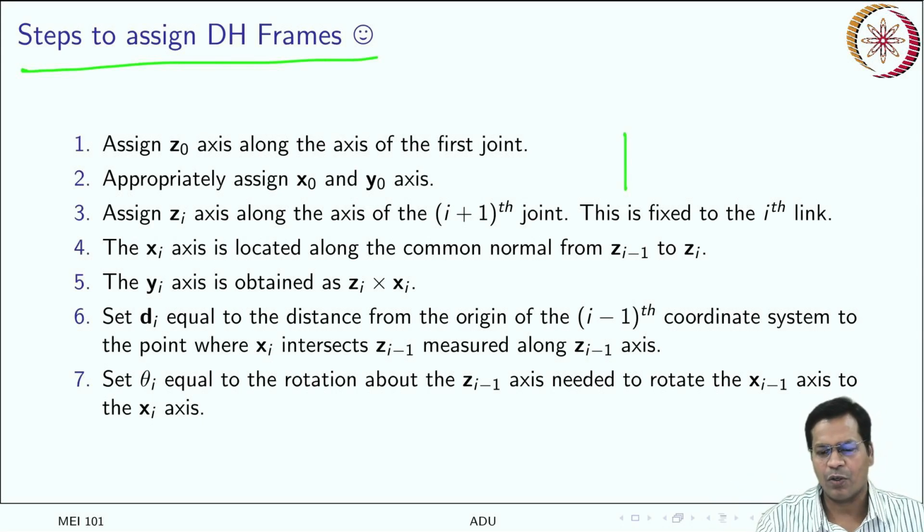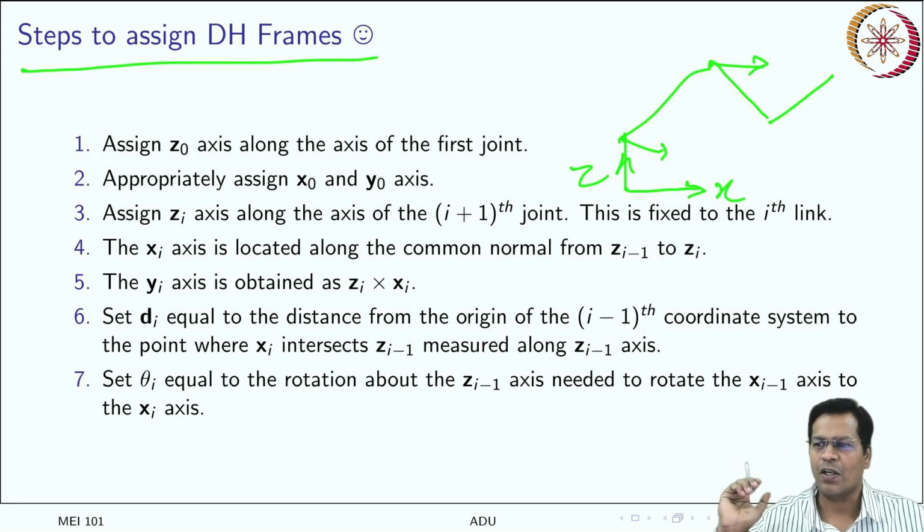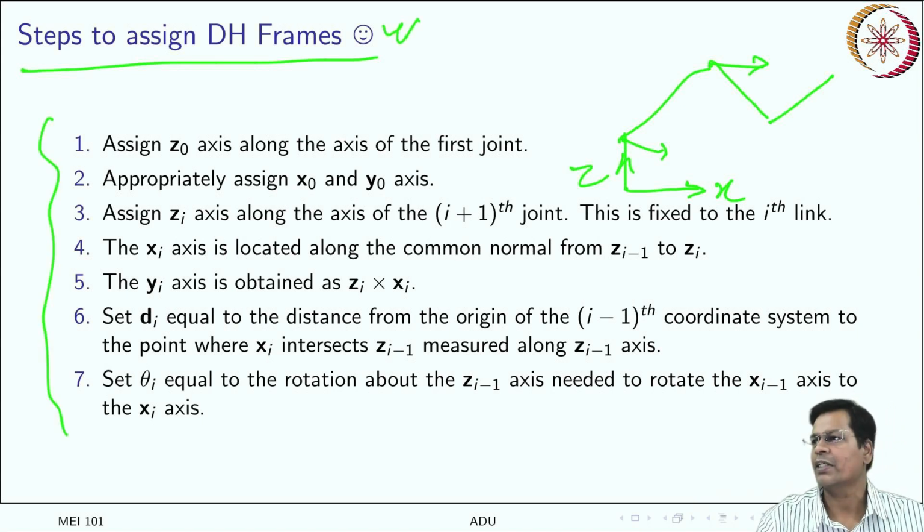If you are having a robot which is like this, how do we assign coordinate frames? So this can be X, this can be Z, again the next one will be Z, where all the X, Y, Z will go. The only thing that you know now is the axis of rotation, they have Z axis. Okay, they have Z axis, that's all. So these are the steps. That is the reason it is smiling here, because it is very difficult to mug it up. Okay, we'll do it by practice.